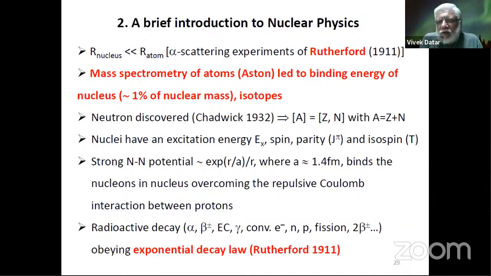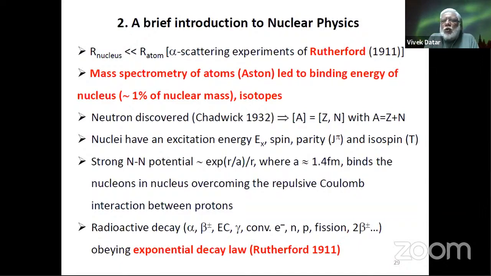So J pi is what is normally used as a symbol for that. But they are also characterized by another quantum number called the isospin. In nuclear physics, that's the convention you use. You could use a different convention which is actually used in particle physics. Neutron has an isospin of half, the TZ also of half, and the proton has an isospin half, but has a TZ, the projection on the Z axis, of minus half.